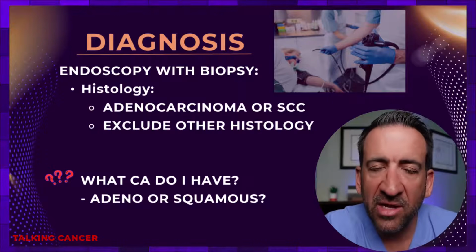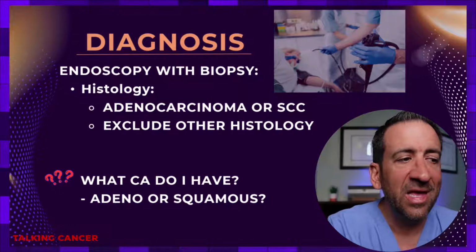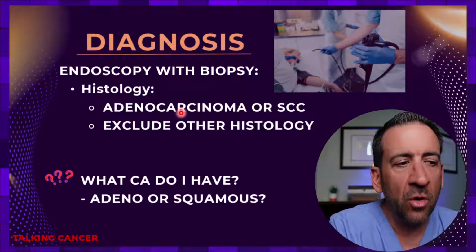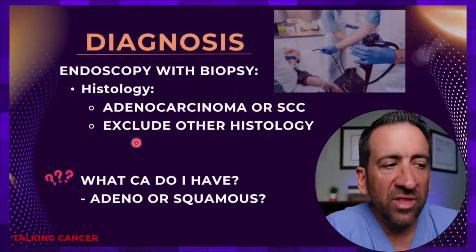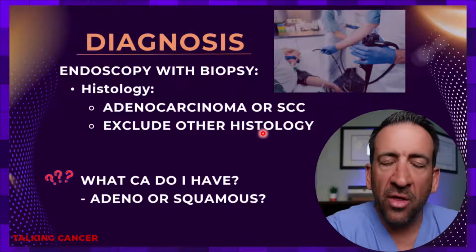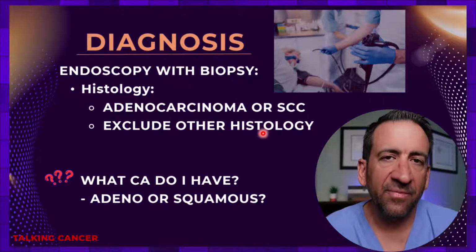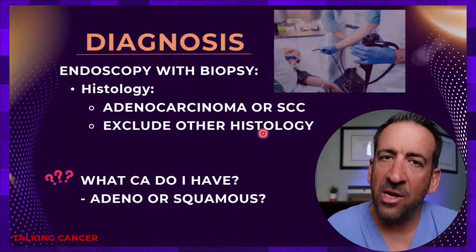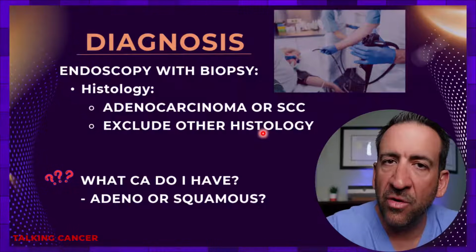Now, as I already mentioned, the two most common cancer types in your esophagus are either an adenocarcinoma or a squamous cell carcinoma, okay? The important thing here is to exclude another histology. What I mean by this is there are other types of cancer besides an adenocarcinoma or a squamous cell carcinoma that you can develop in your esophagus.